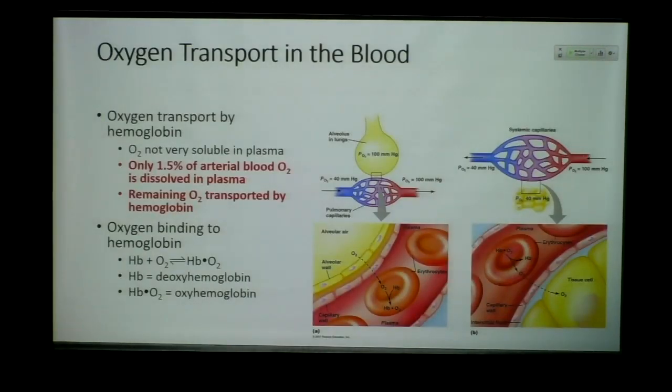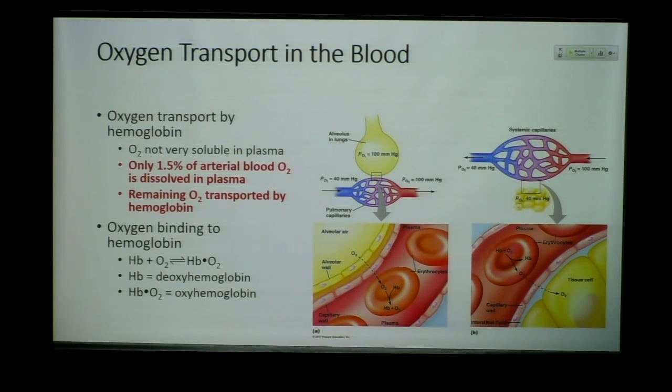So we'll start off by recalling the fact that we said oxygen is not very soluble in the blood. This is something we spent quite a bit of time on when we looked at those beakers establishing this fact, right? Oxygen does not move around very well in the blood. And so we've got this hemoglobin that is crucial to the movement of oxygen around the system.